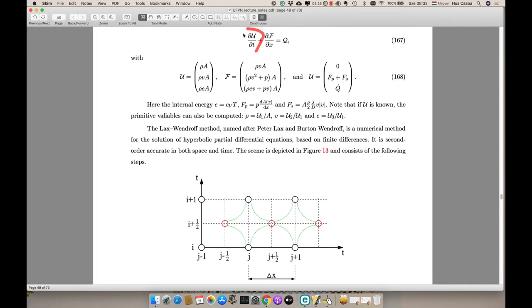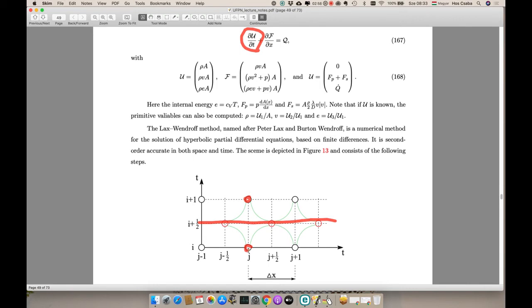We have here the temporal derivative, and if I wanted to have a second order scheme, then I need the flux vector at the half time level here. Because if I used this here as a flux vector, then in time I would be using a central difference scheme.